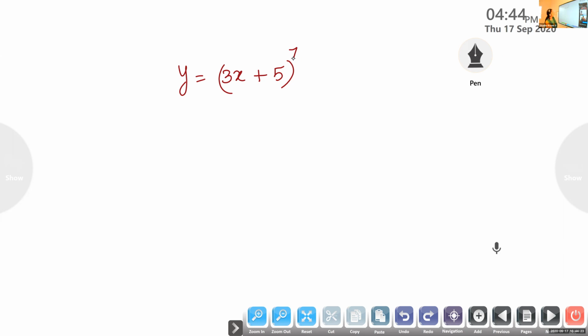Okay, how to find this derivative? You take this as a single function. What is the derivative of x raised to 7?